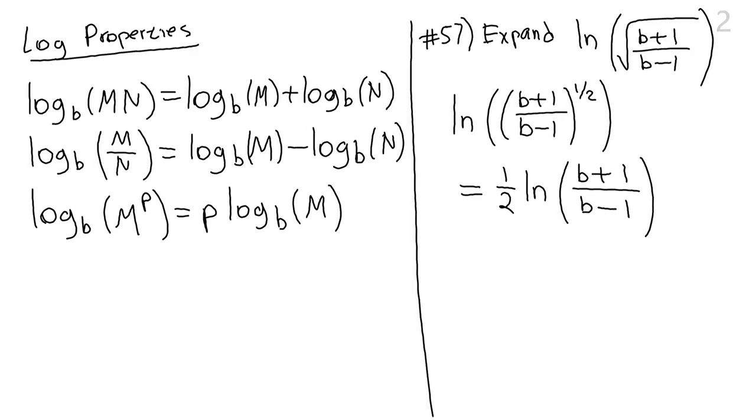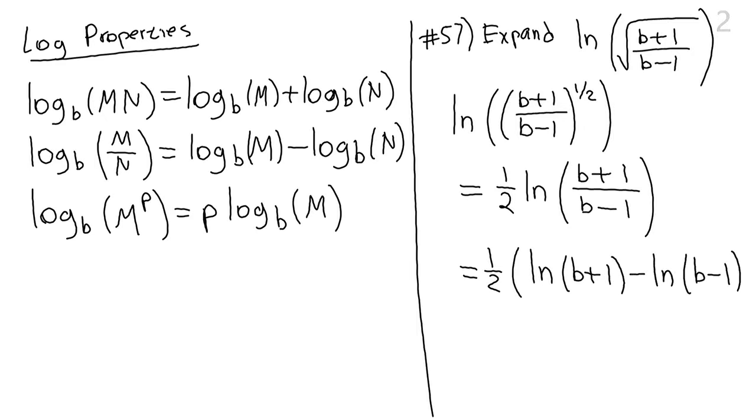Now I'm going to use the quotient rule to expand this further, and this is 1/2 times natural log of b plus 1 minus natural log of b minus 1. I can leave it like this, or I can distribute the 1/2. That doesn't matter, it's already expanded. What's important is that I cannot simplify log of b plus 1 or log of b minus 1 any further.